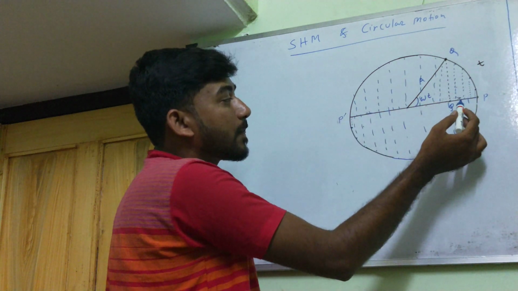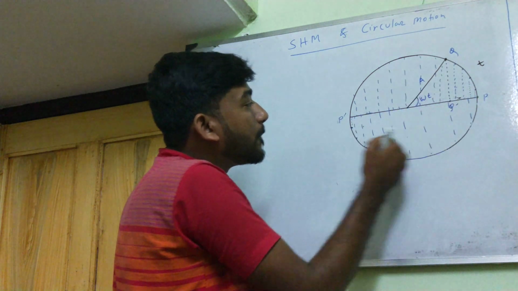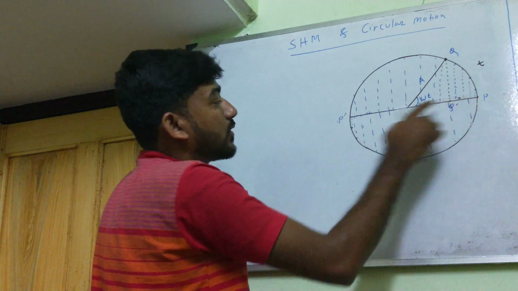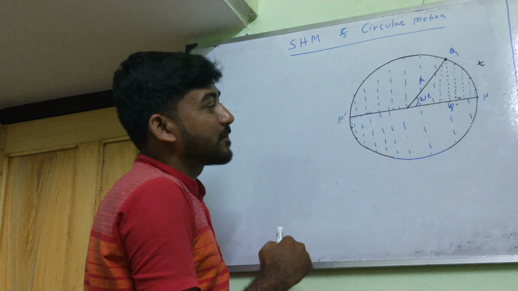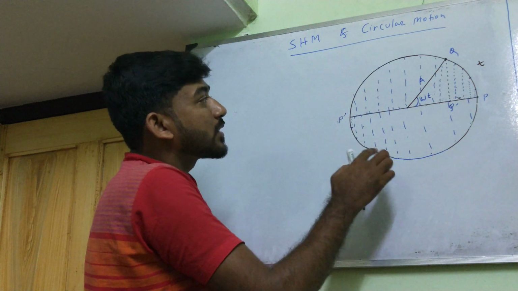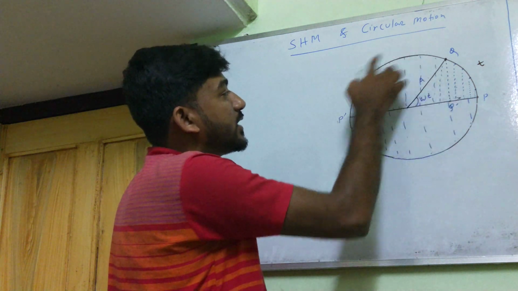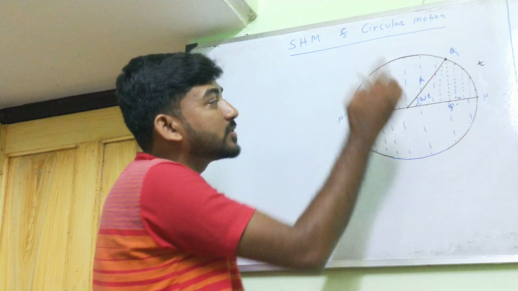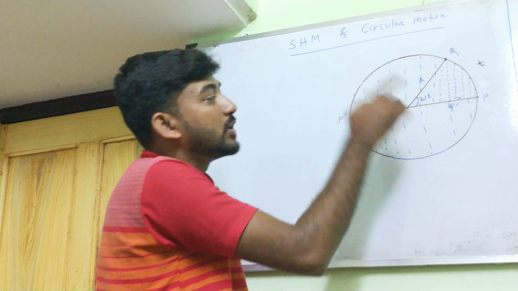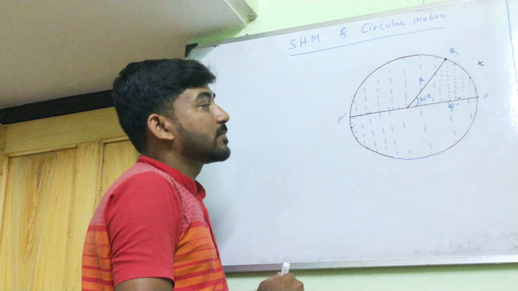So it gets a complete SHM, or a complete vibration, or complete oscillation along this diameter. So the particle which is executing circular motion, the projection of that particle will execute SHM.